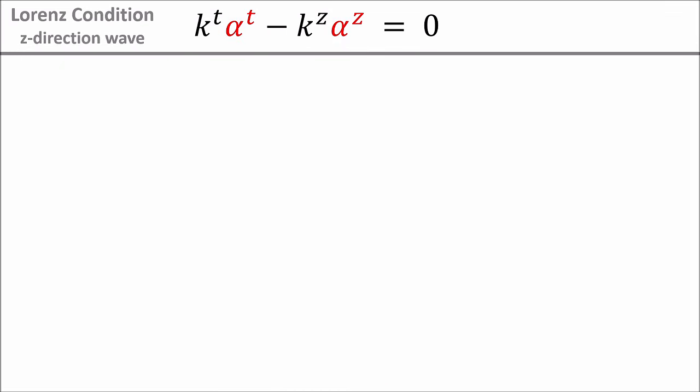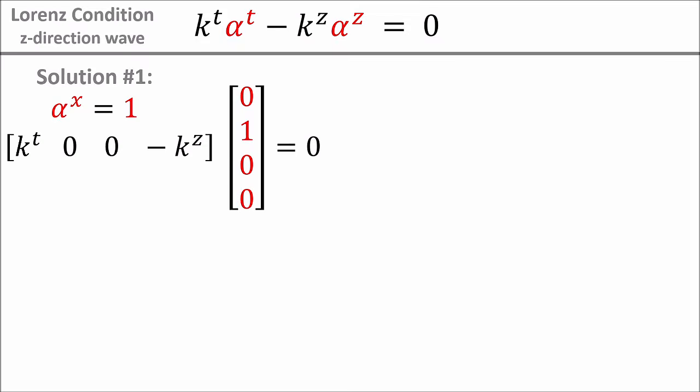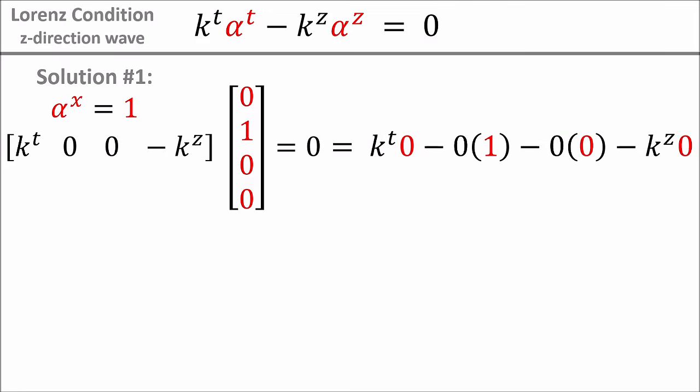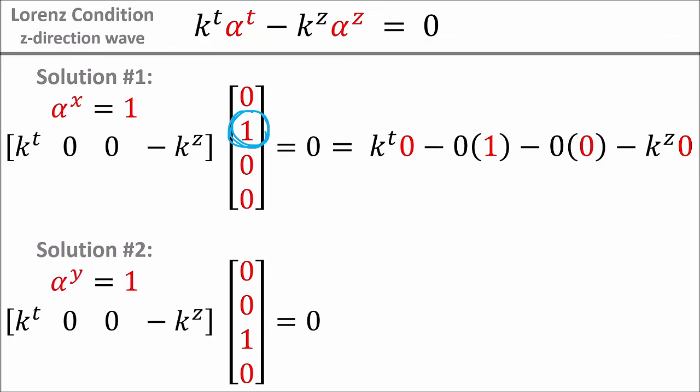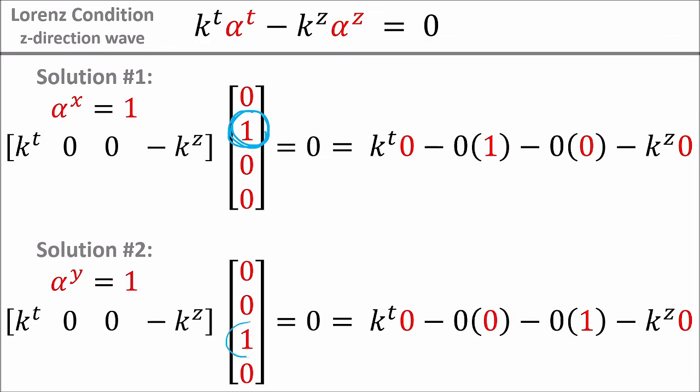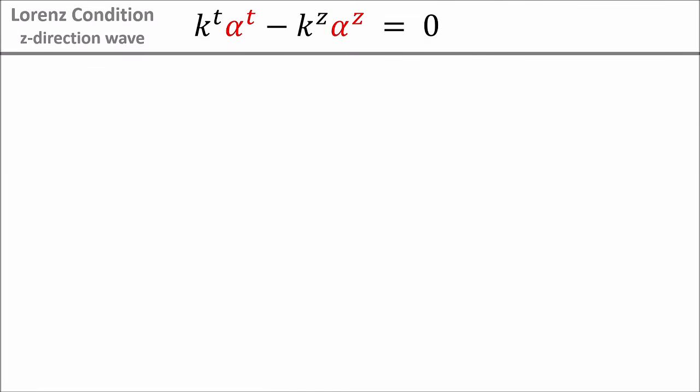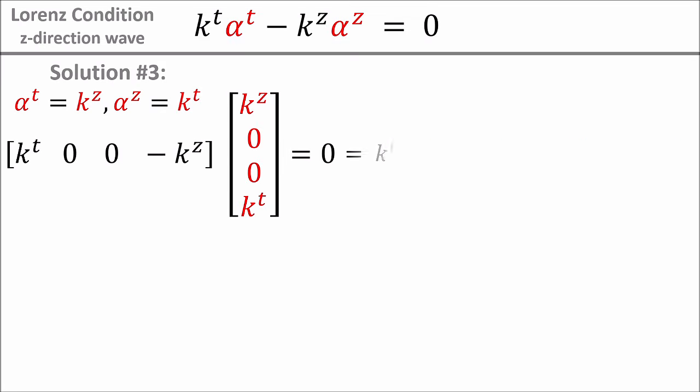One simple solution for the alphas is to set alpha x to 1 and set all other alphas to 0. As a vector, this solution looks like this. Another solution is to set alpha y to 1 and set all other alphas to 0, which looks like this. The third and final solution is to set alpha x and alpha y to 0 and set alpha t to kz and set alpha z to kt.